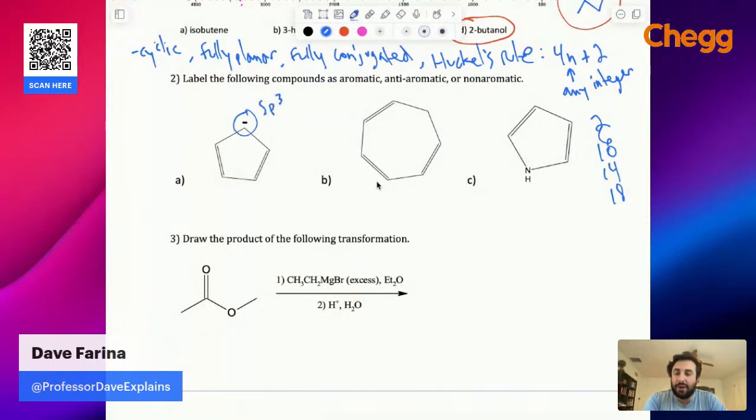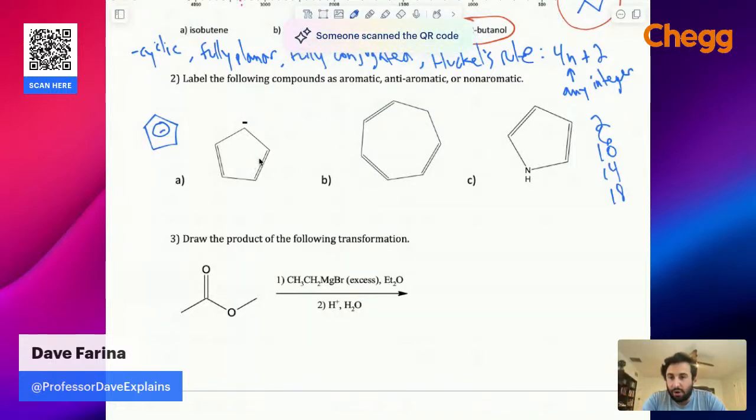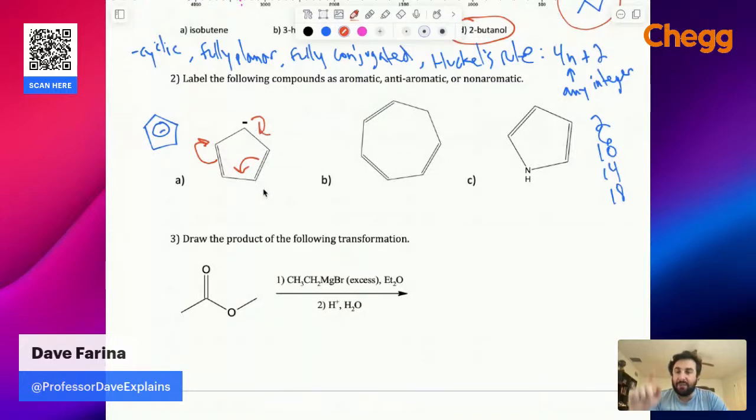That's an sp3 carbon. However, we have to consider the composite resonance structure. The composite resonance structure looks like this because that negative charge is delocalized. It's shared around every single carbon in the ring, because we can put this negative charge here and then push this over there, and then we could push that up there, and so now all of a sudden we'd have a double bond there and a double bond there and a negative charge there, and we could do that 5 times.